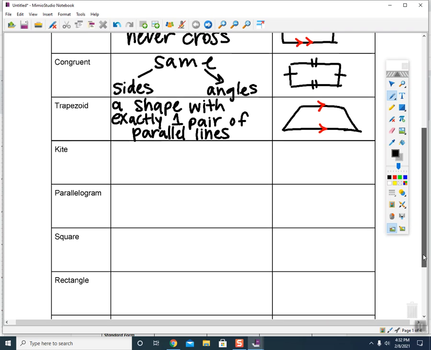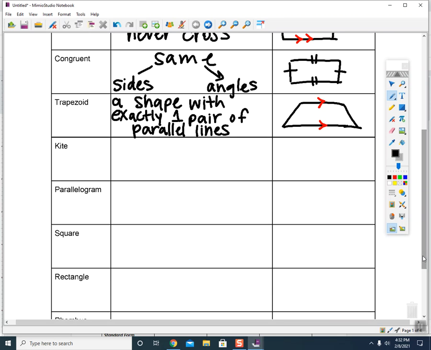A kite, maybe this is a little more helpful if I can show you the shape that I'm talking about. So kites look like this. You can think of when you fly a kite, that's the typical form a kite is. And here's the actual definition of a kite.